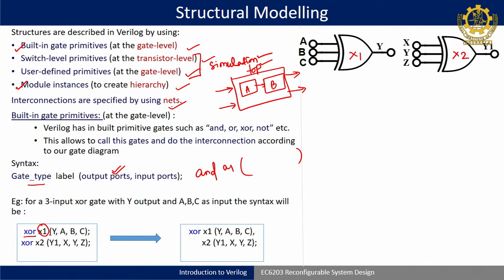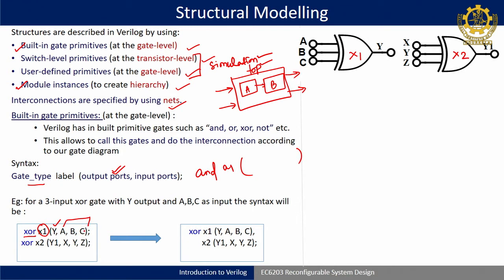You want to give a label because in a design there may be n number of XORs, so you have to differentiate one XOR from another XOR. So X1 is the label, then Y is my output, always first, followed by A, B, C as the corresponding inputs. The order of placing A, B, C, I will discuss later on.